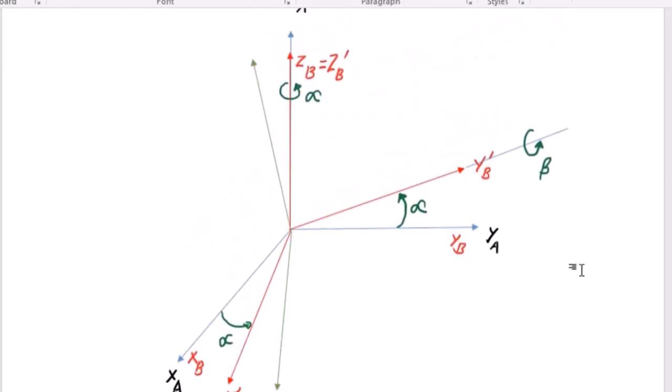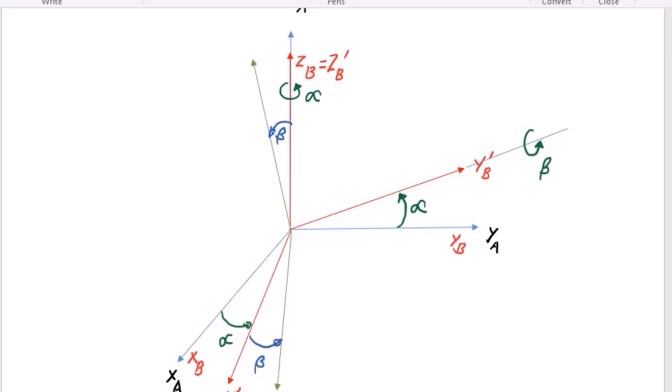Okay. Now this is now the ZB, but on the second rotation. So this is affected by the rotation of the beta. So I use a different color. This is beta, and this is also beta.